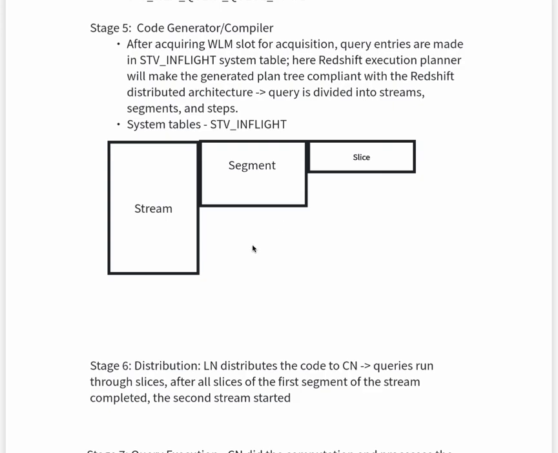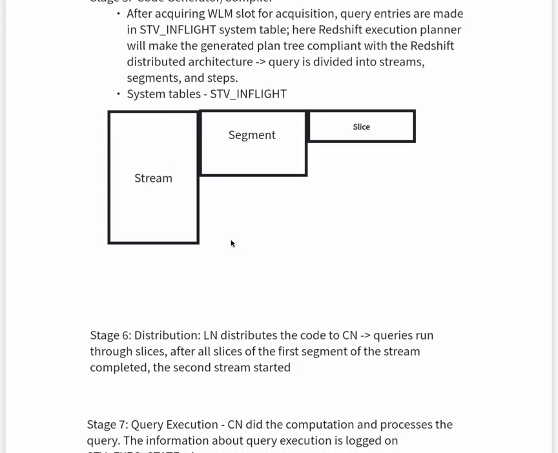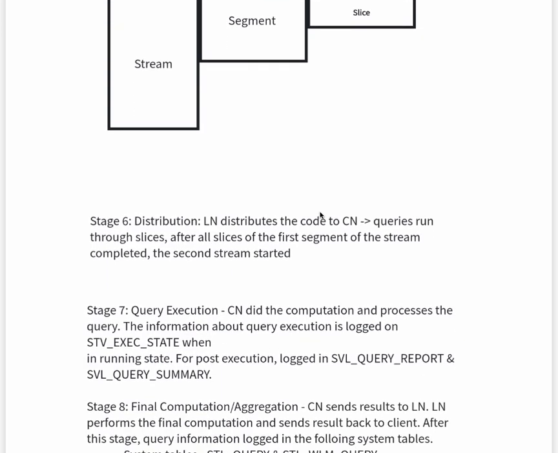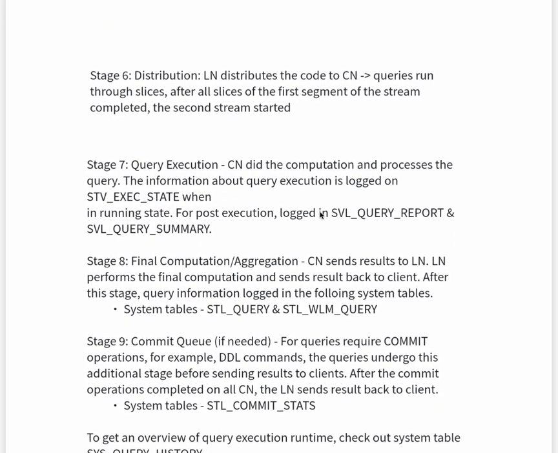All the segments in the same stream run in parallel, but after all the segments are completed in one stream, Redshift moves to the next stream. The system table STV_INFLIGHT is where you can query to understand your running queries.